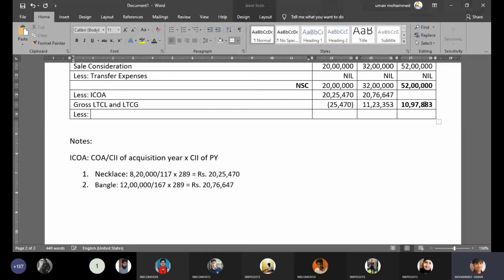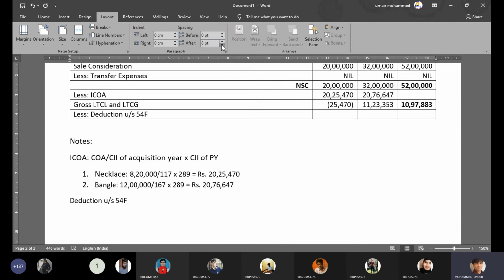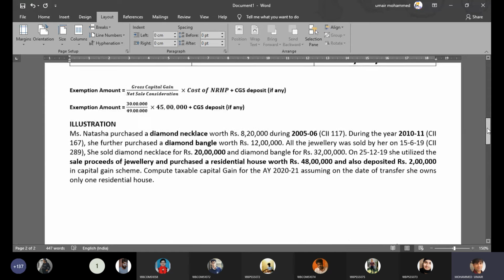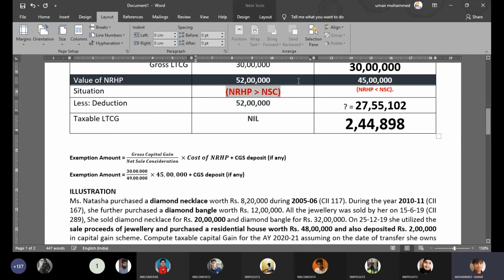Now, which situation needs to be applied or understood here? In order to calculate the deduction, what we have to do is compare the value of the new residential house property with the net sale consideration.